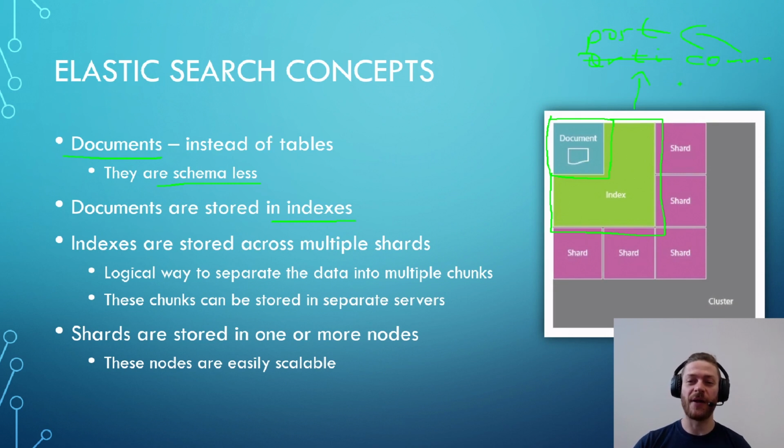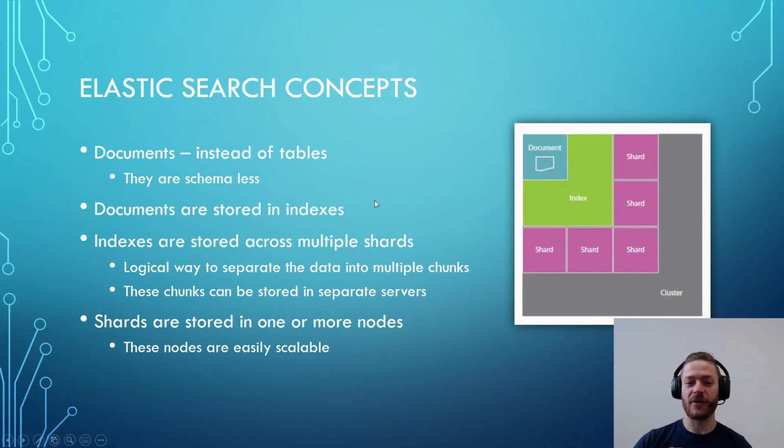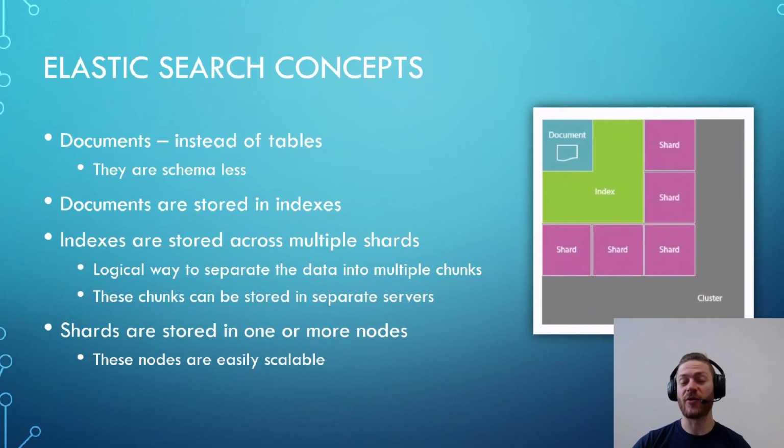You may have an index for threads, which are part of some forum. You may have an index for answers. These answers are for the threads, and so on and so on. So you can group your data in different indexes. Each index stores a different kind of data, so to speak. So it's up to you to group your data the way you see fit. You should group your data logically in different indexes.